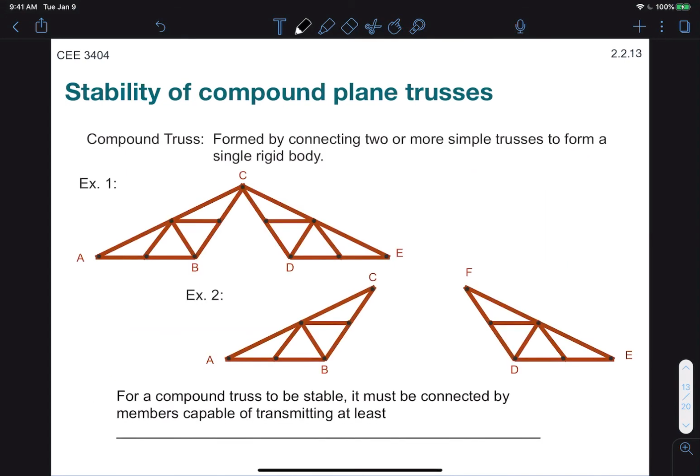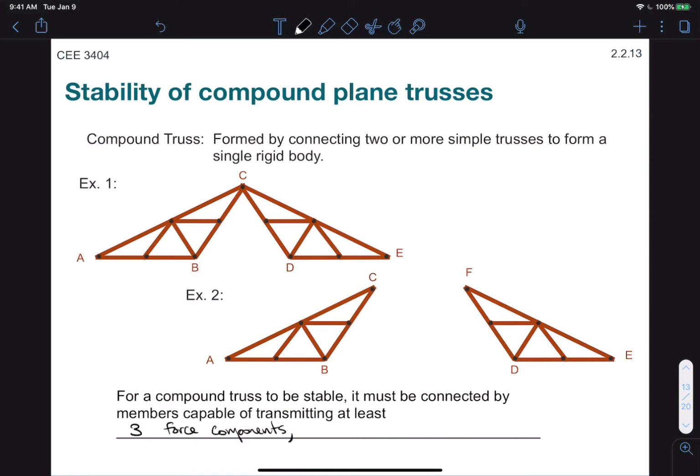Now we can also form what we call compound trusses, which are simply connections of two or more simple trusses to form still another rigid body. And in order for a compound truss to be stable, it must be connected by members capable of transmitting at least 3 force components.